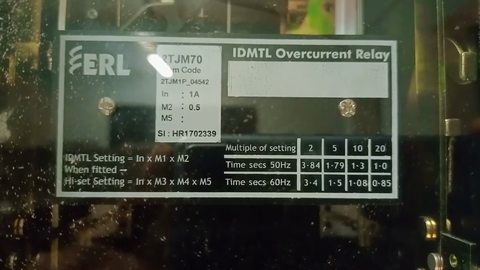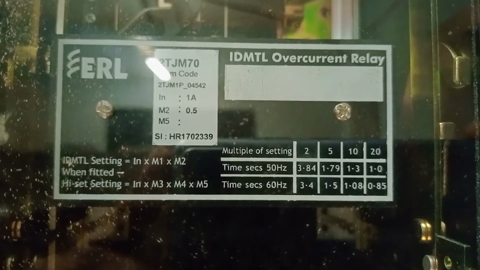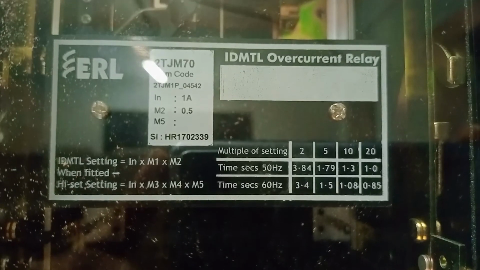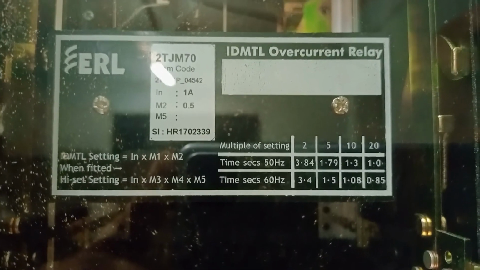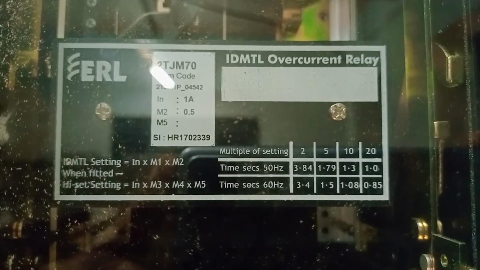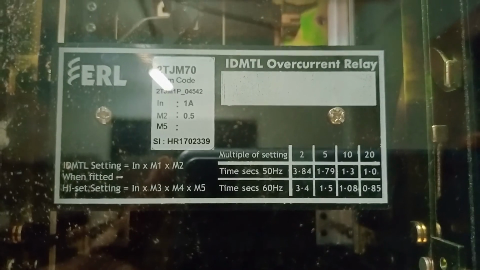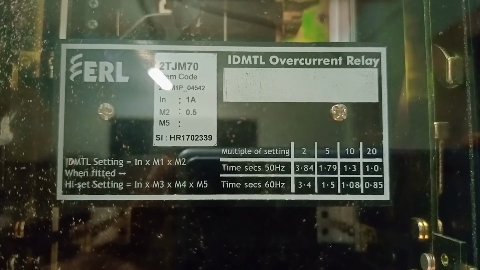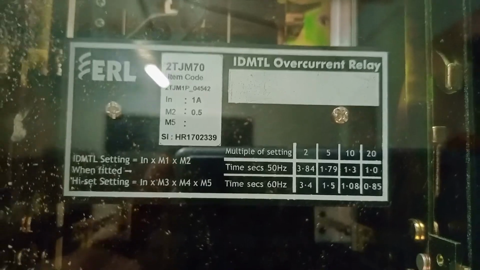So what it indicates is, suppose the current flowing to this relay is 2 amps, that is 2 times nominal current, the relay should trip in 3.84 seconds. Likewise, if the current flowing to the relay is 5 amps, it should trip in 1.79 seconds and so on.